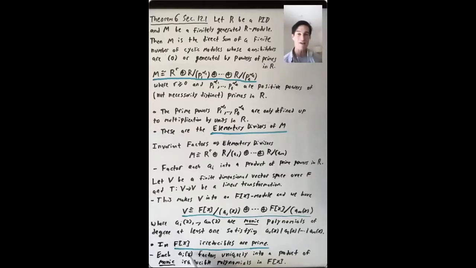But because ai(x) is monic, it factors uniquely into a product of monic irreducible polynomials in F[x]. I'm going to pause and erase and see how this observation, that we can factor each one of these invariant factors into a product of monic irreducible polynomials of degree at least 1 in a unique way, takes us from the invariant factor decomposition to the elementary divisor decomposition of our F[x]-module V.